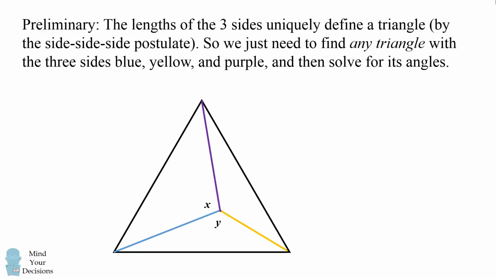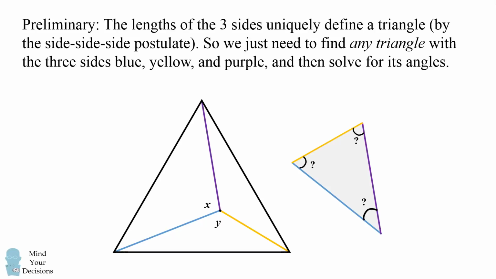So we just need to find any triangle with the three sides blue, yellow, and purple, and then solve for its angles. So how do we do that? It seems pretty impossible. How can we get from this triangle's angles to the original angles?